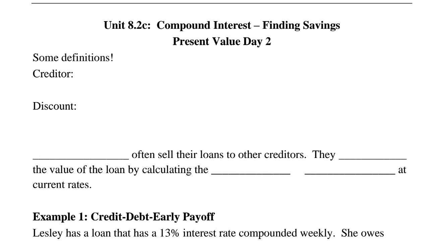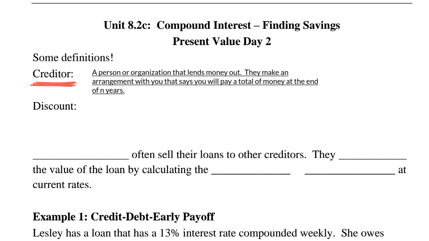Okay? So one of the key things in loaning money or paying money back is the person that you're borrowing money from or paying money back to. Okay? That person is called the creditor. And this is the definition of a creditor.